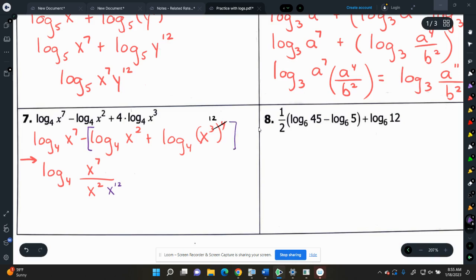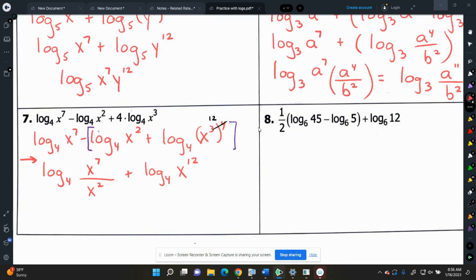So if I was distributing this minus sign and subtracting both of them, but I'm not subtracting both of them, I'm only subtracting that log base 4 of x squared. So then I'm going to say plus log base 4 of x to the 12.